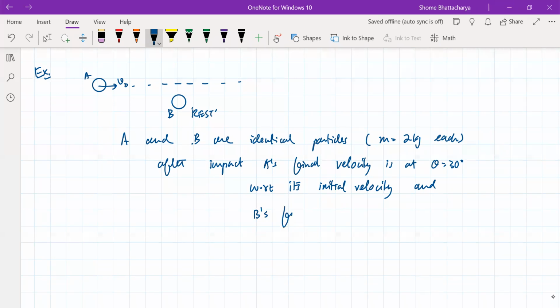And B's final velocity equals V1. Or let's say it has the same magnitude as VA.